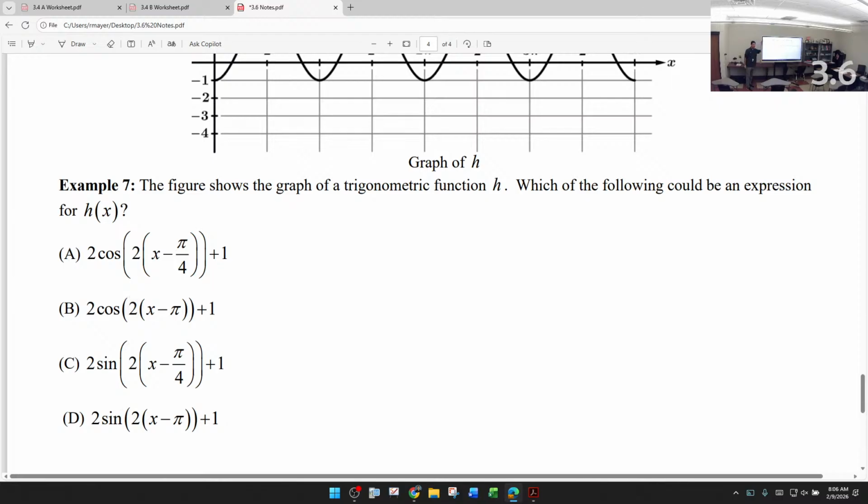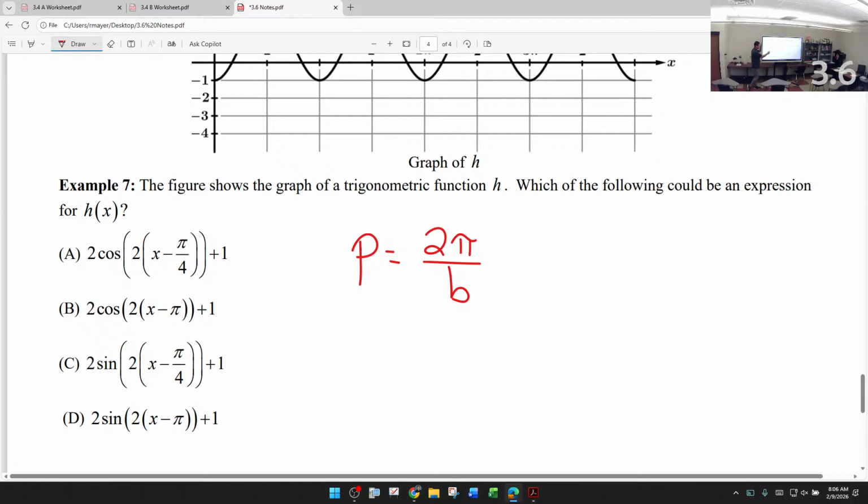So I hope my period is pi. This is one where you might use his formula, right? Period is equal to 2 pi over b. That's his formula.